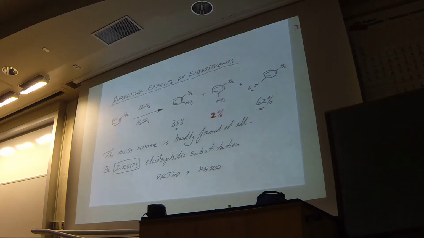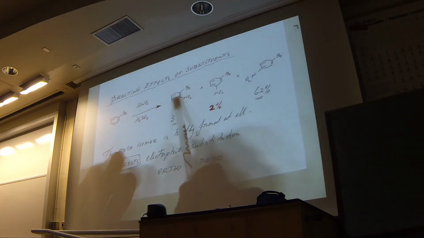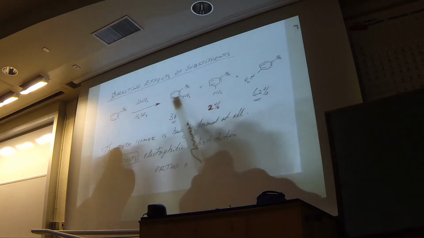What is clearly not the case is that the resonance structures are somehow skewed one way or the other. No, that's not it. But you can't argue with experimental fact. Even though the statistical ratio should favor this product over that one, actually this one is favored over that.